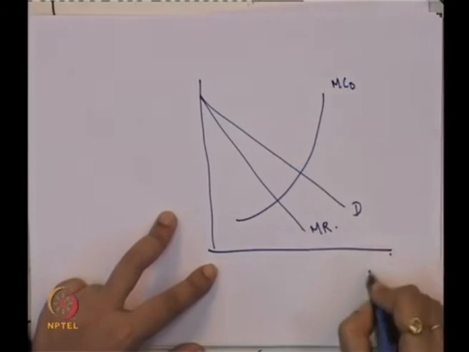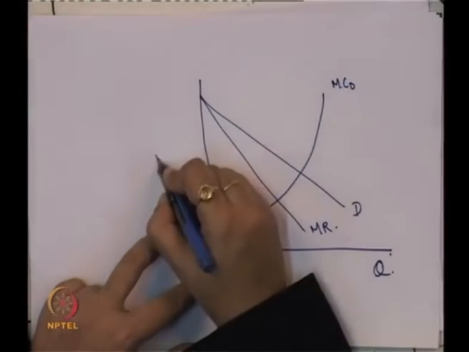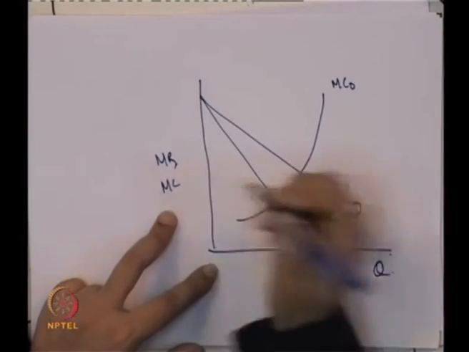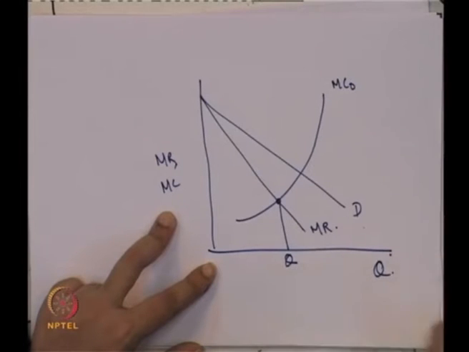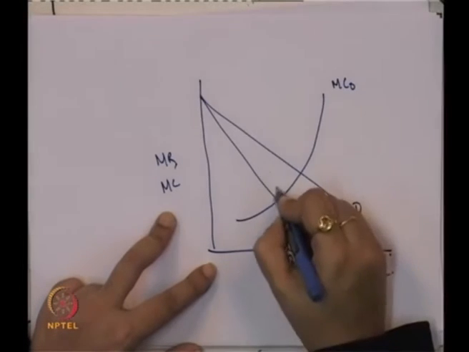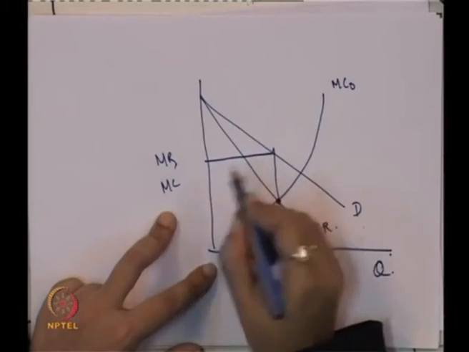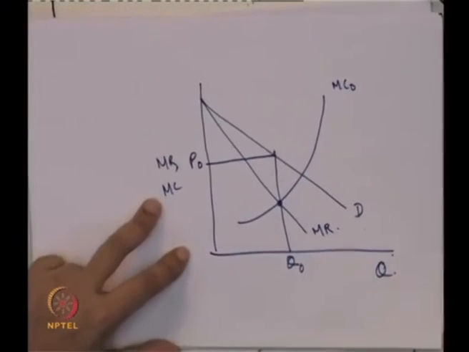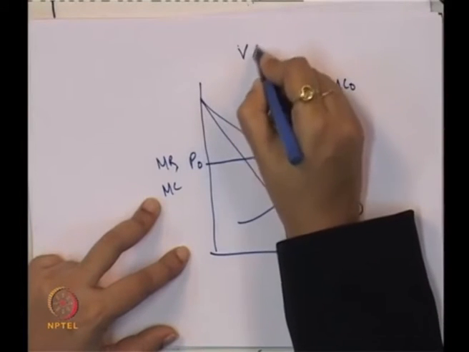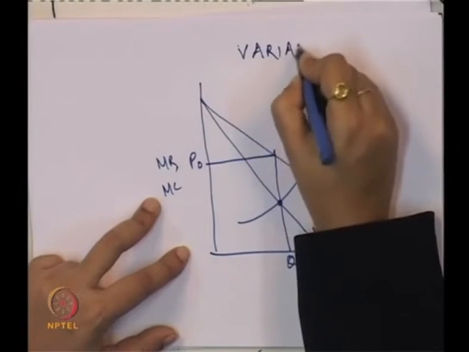So, this is our demand function, and corresponding to this we get the output level Q0 suppose, and the price P0. Here we are studying the impact of variable cost.